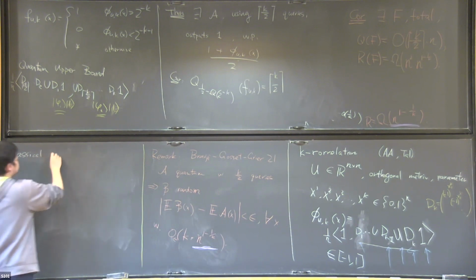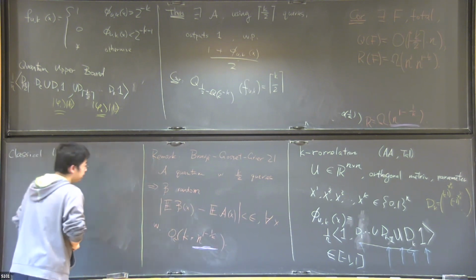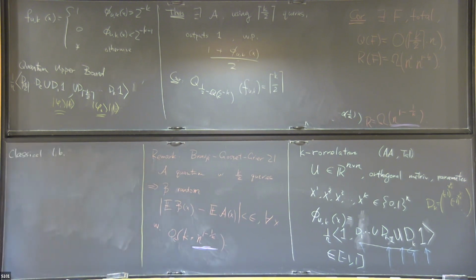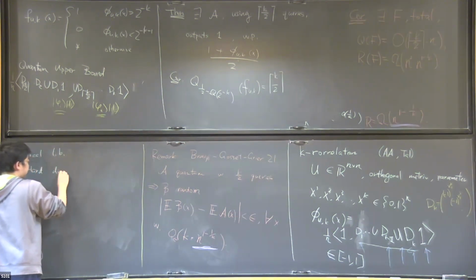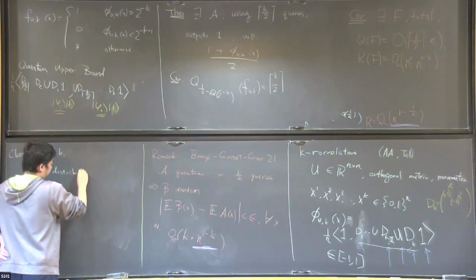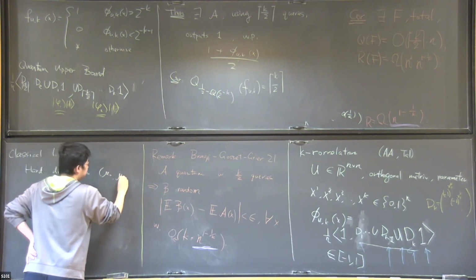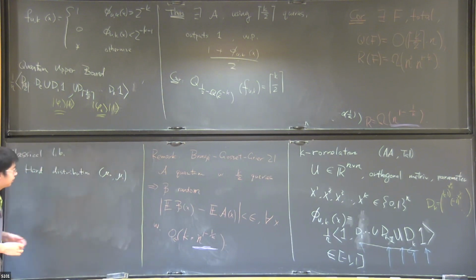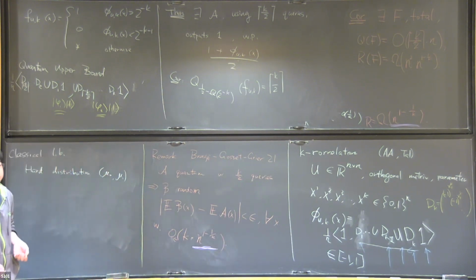And to prove this classical lower bound, we use a quite general framework. So let me tell you. We start from the hard distribution, and in this case, we will have two distributions, mu0 and mu1. You should think that under mu0, with high probability, the relation problem will give you 0.